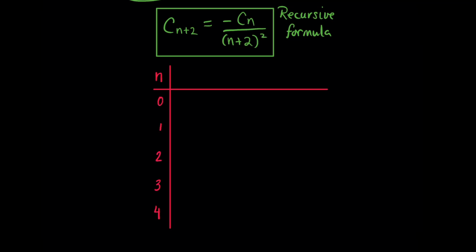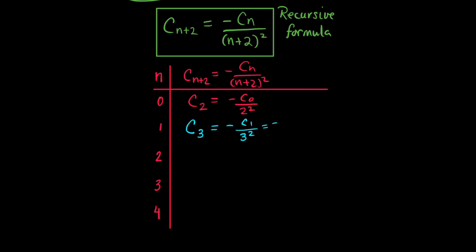So now we're going to let n equal 0 and let this formula generate a couple of terms to see what they look like, and develop a general pattern. So when n equals 0, we get c2 is equal to negative c0 over 2 squared. c3 is going to be equal to negative c1 over 3 squared, but since c1 is equal to 0, that's going to be 0.